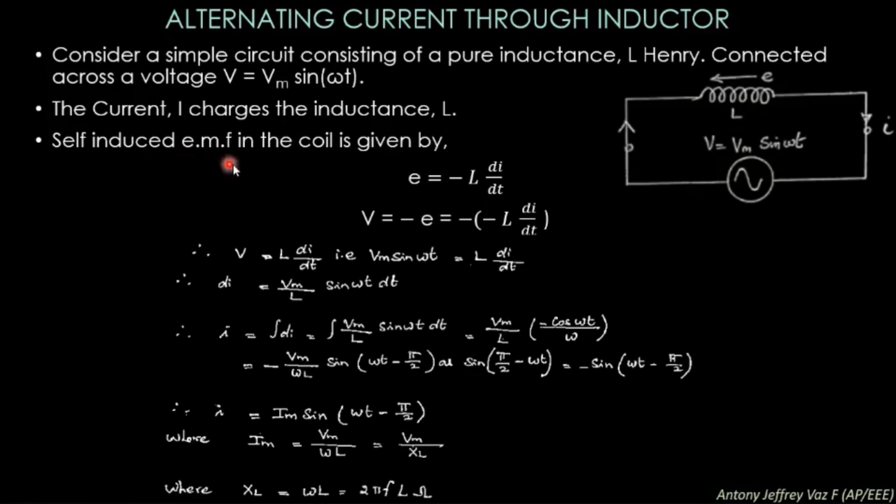The self-induced EMF in the coil is given by E is equal to minus L di by dt. So the induced EMF, that is the voltage present in the inductor, is measured using the formula minus L di by dt.